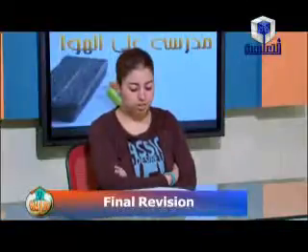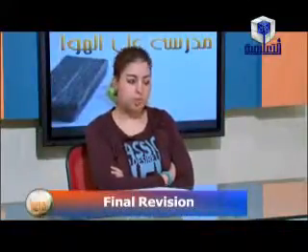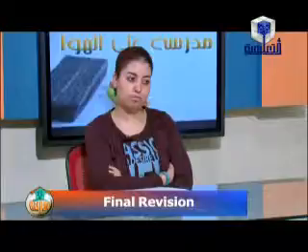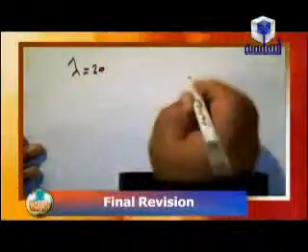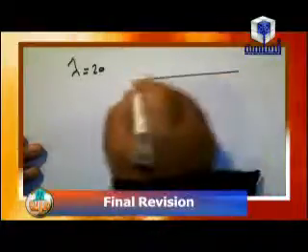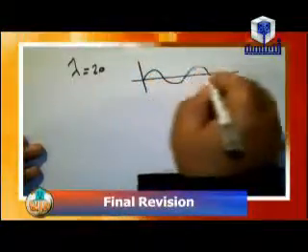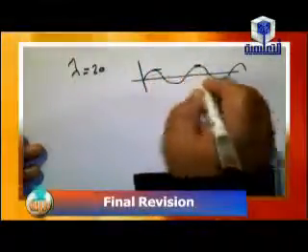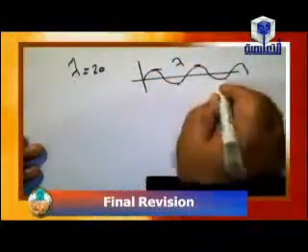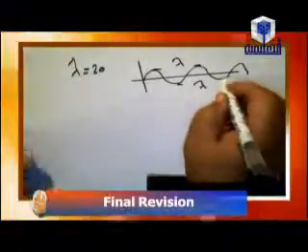And what is meant by the wavelength of a transverse wave equal to 20 centimeter? We know that transverse waves are composed of successive crests and troughs. The distance between two successive crests, or the distance between two successive troughs, is equal to lambda.